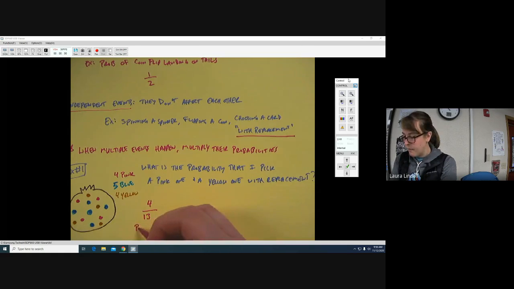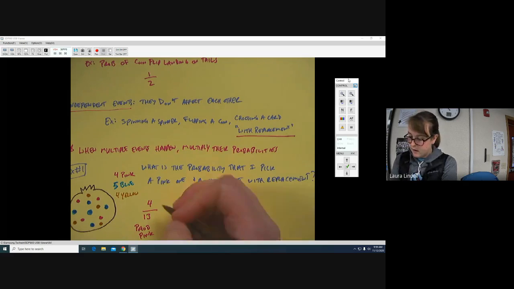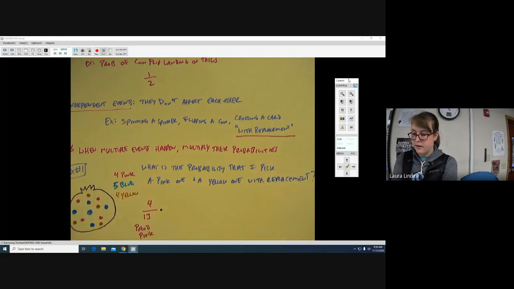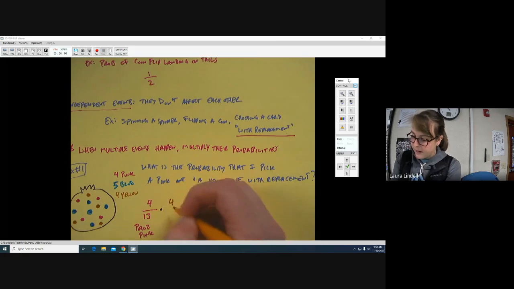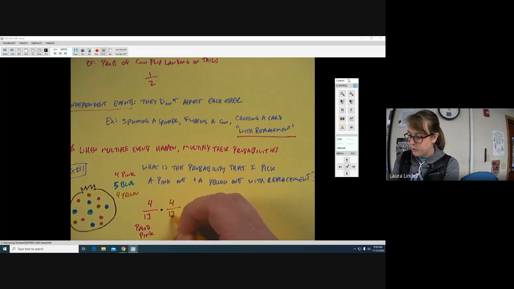So that's the probability of picking pink. And then I want to multiply this by my probability of picking a yellow one. So if I put that back and I want to pick a yellow one now, there's 4 yellow marbles in the bag out of 13 total marbles.